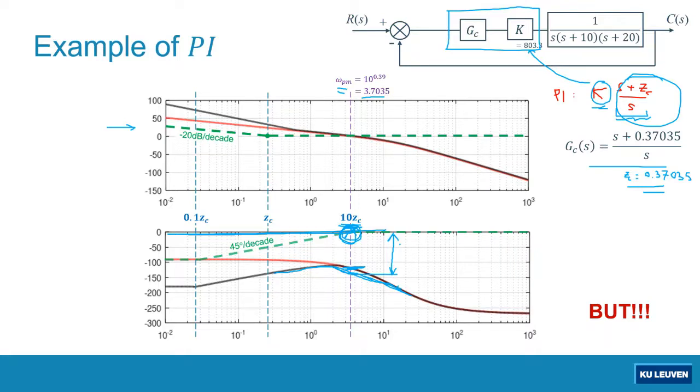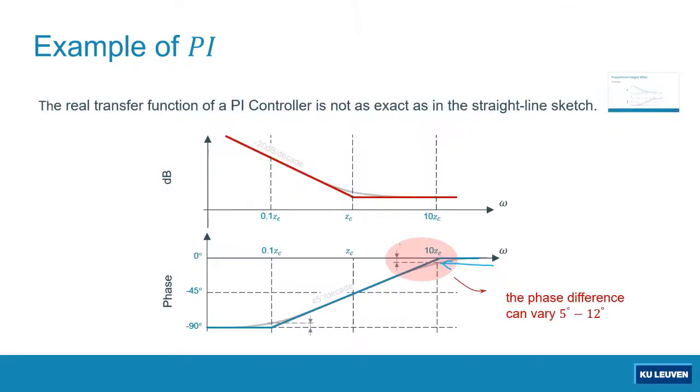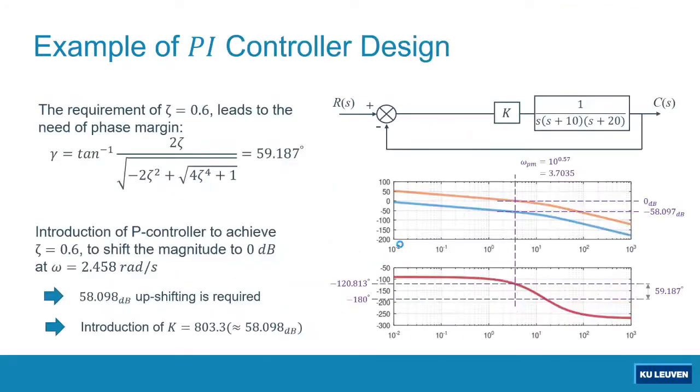So what do we have to do then to mitigate this problem? To mitigate the problem, we have to do it in the very first place when we design the gain in our PI controller. You still remember how we designed the gain K in our PI controller in the previous few slides?